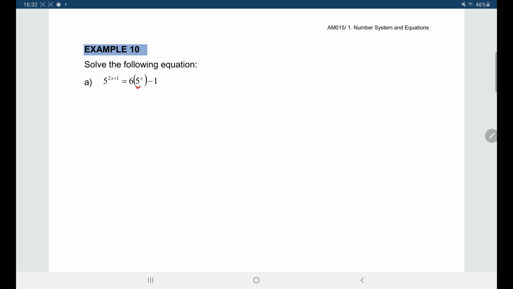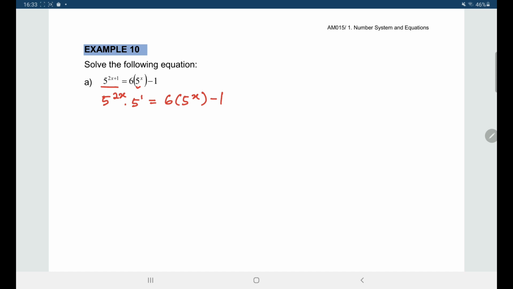By using the index rule, we separate 5 to the power of 2x plus 1. So you can write 5 to the power of 2x times 5 to the power of 1 equals to 6 times 5 to the power of x minus 1.